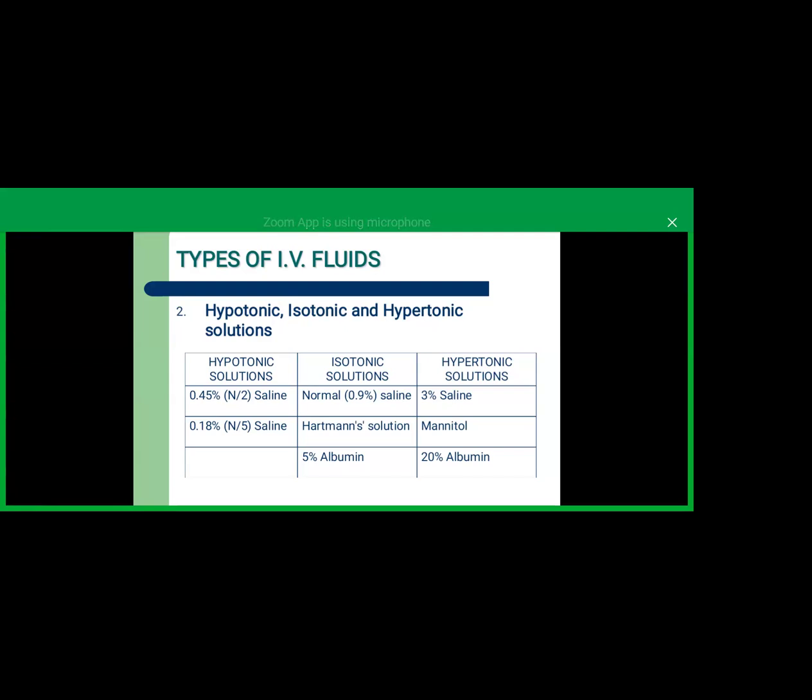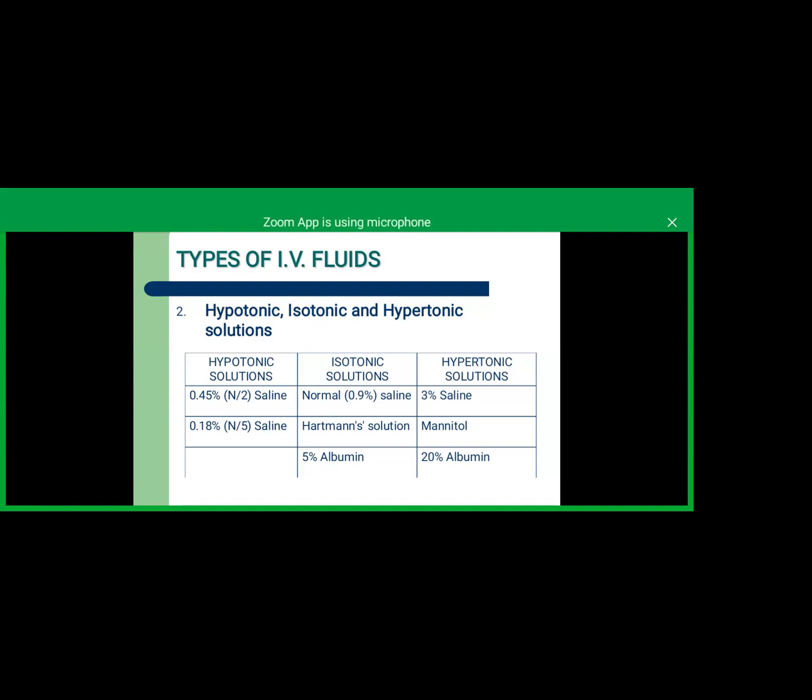If it is the same as that, like normal saline, if the sodium content in that fluid ranges between 136 to 146, we say it is isotonic. Iso means the same. There's no difference. But if the sodium content in the fluid is more than 146 millimole per liter, we say it is hypertonic.